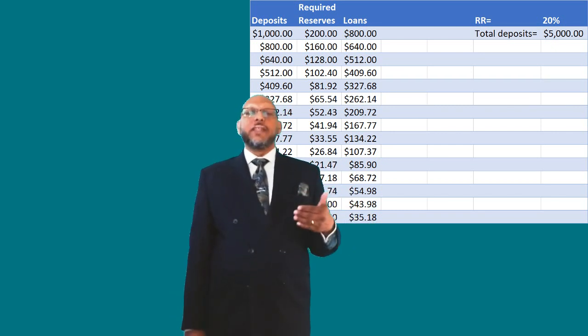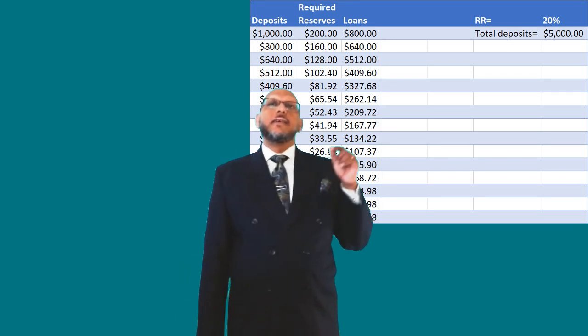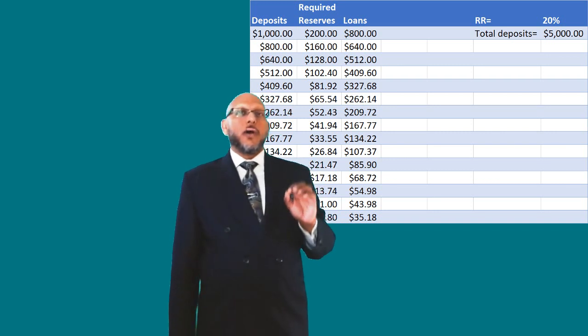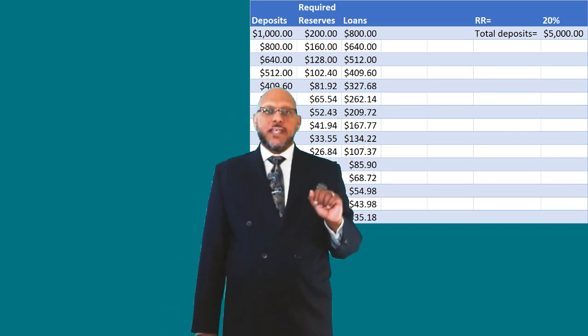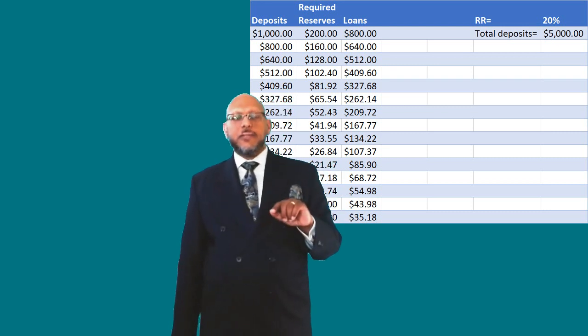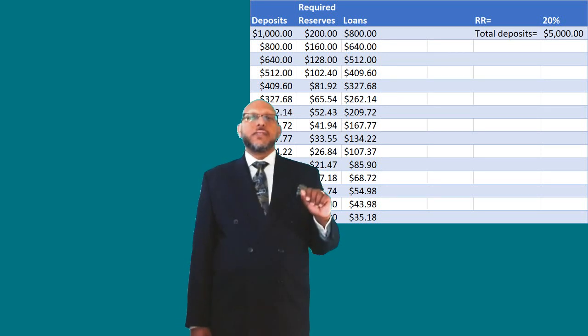It's that multiplier. And that multiplier is the reciprocal of the required reserve percent. So if we take that percent and convert it into a decimal, that becomes 0.2. 0.2 is the same as 1/5.